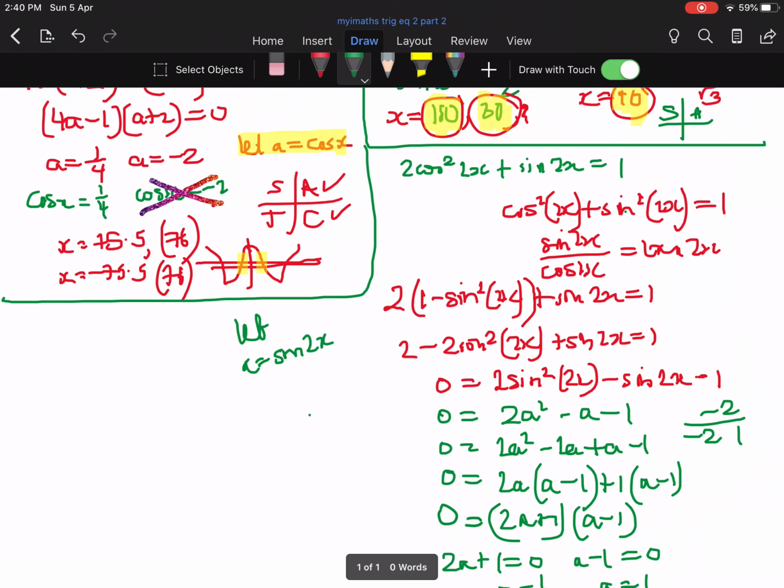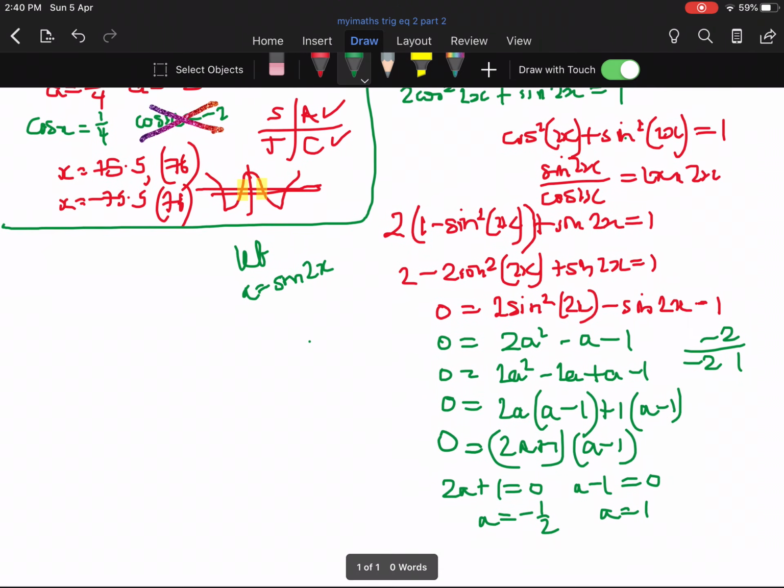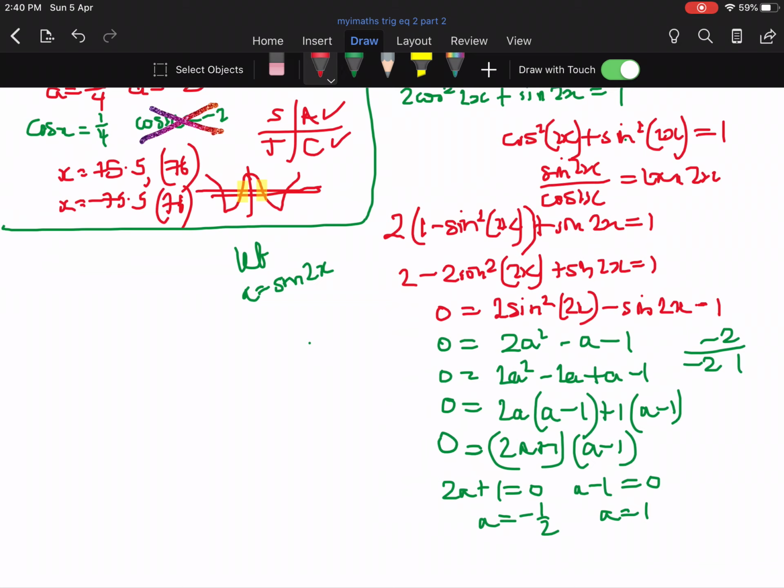And it's sine, but that one was sine. Oh my goodness, they're all linked. So substitute it back in. This time I've got sine 2x equals negative a half, and sine 2x is equal to 1.